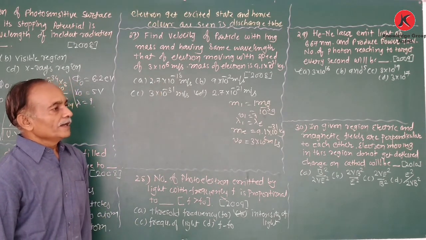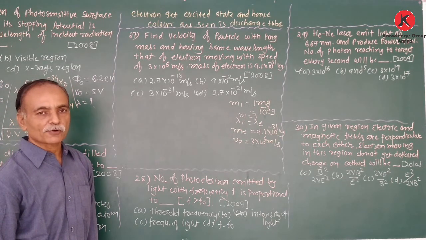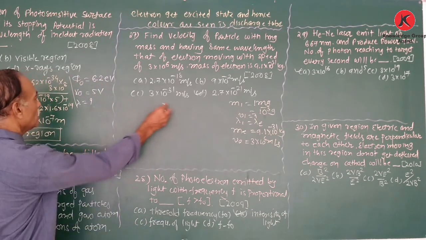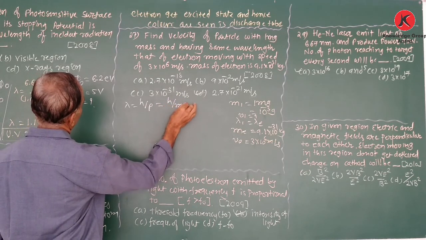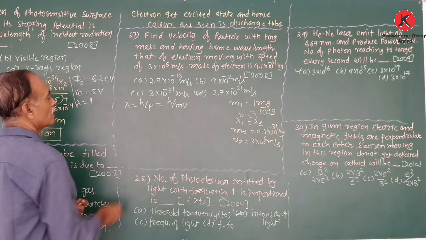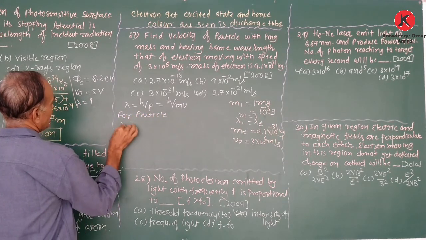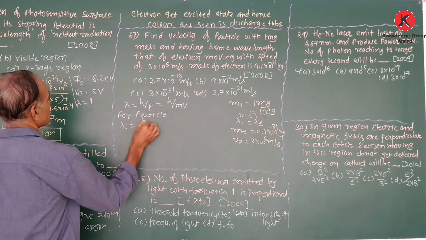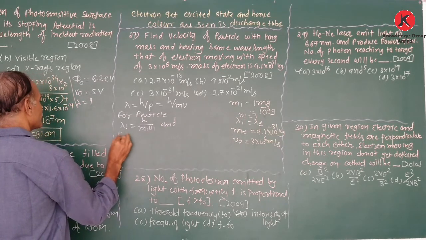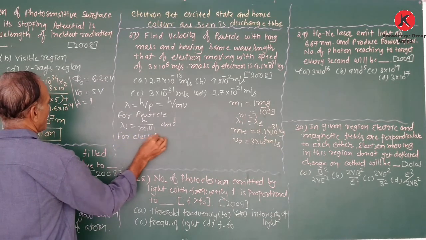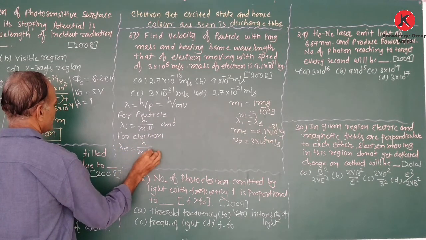Now for that we know that the wavelength lambda is equal to h upon p, which is equal to h upon mv. For the particle, lambda 1 is equal to h upon m1 v1, and for the electron, lambda E is equal to h upon Me v.